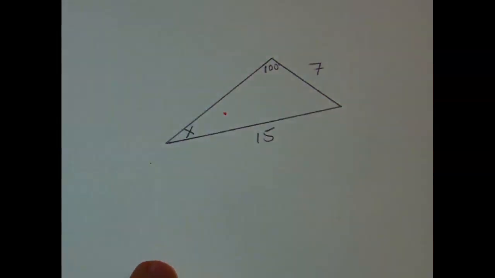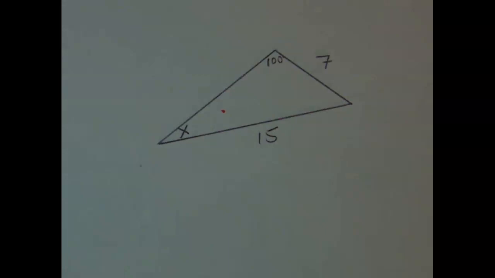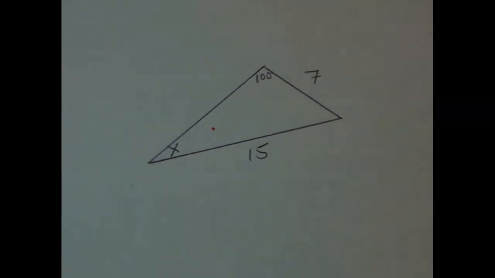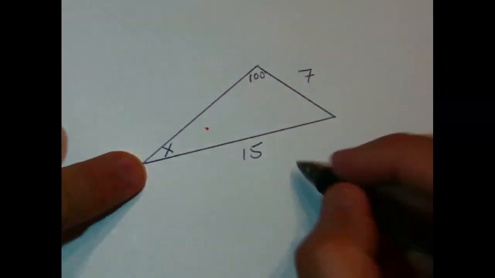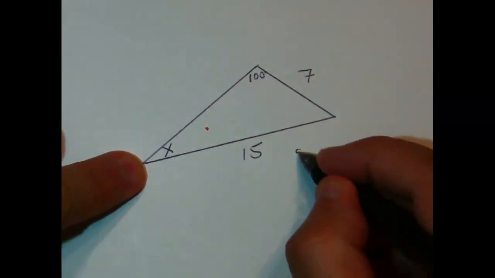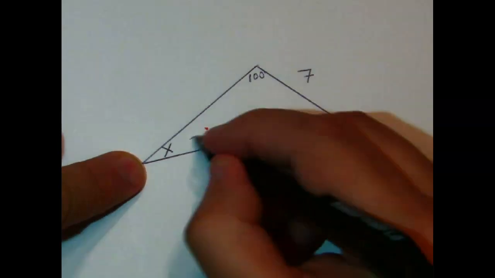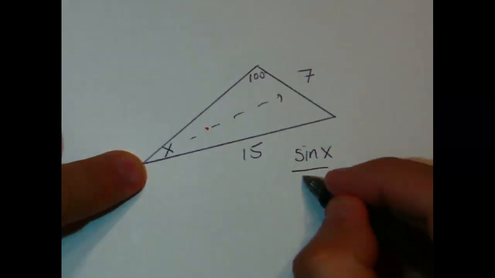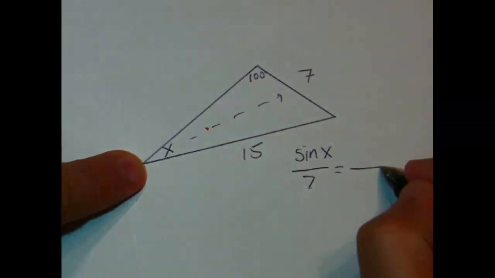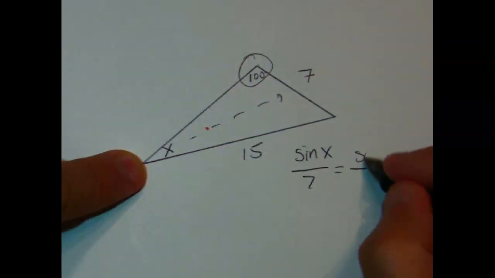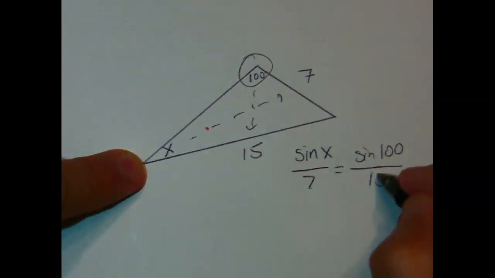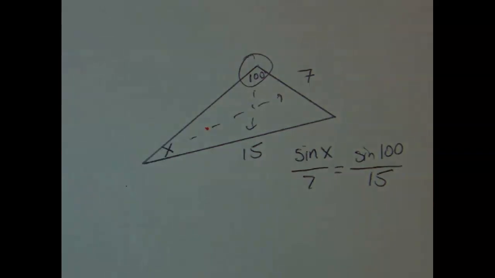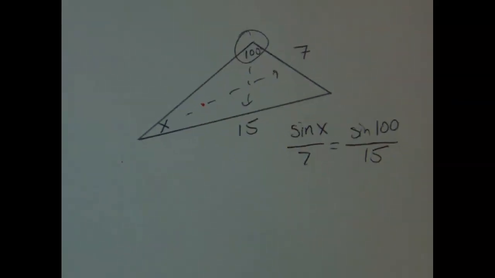And we are looking for x. So we need to find the value of x, the angle measure. Let's use our law of sines. This would be sine x is to the 7 as sine 100 is to 15. And we want to solve for x, the angle.